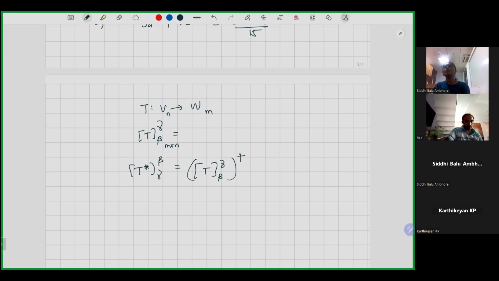But in order to do that, V and W must be finite dimensional vector spaces, and we must have a matrix representation for that linear transformation. Which is always possible, as we proved, if it is from a finite dimensional vector space to a finite dimensional vector space, and it is easier to work with the matrix in that case.